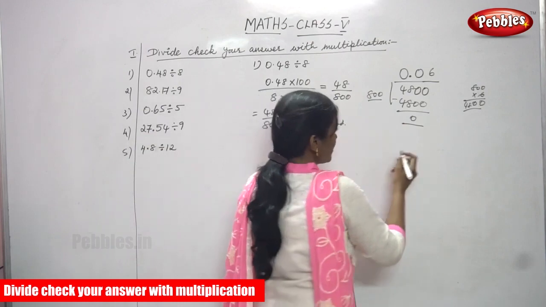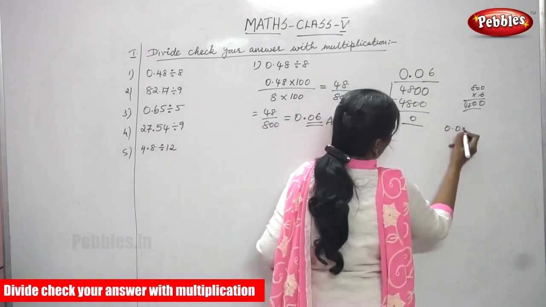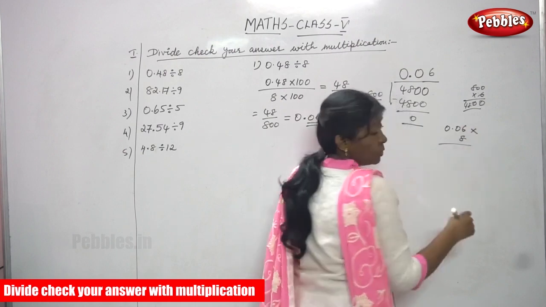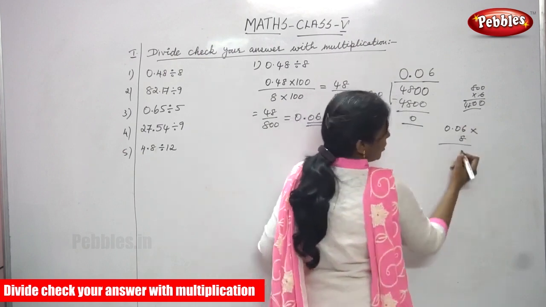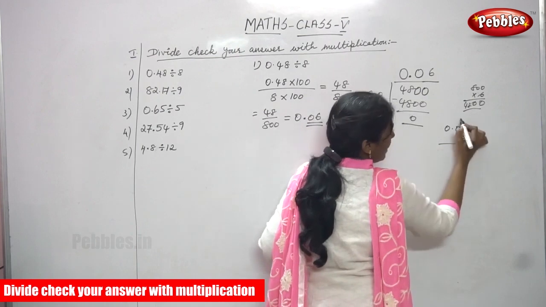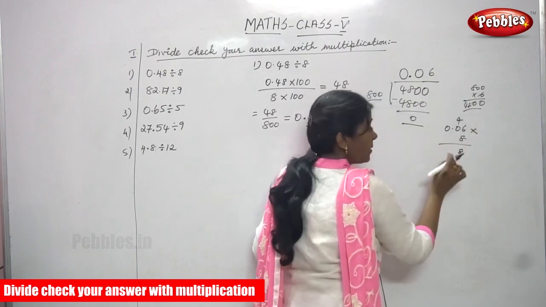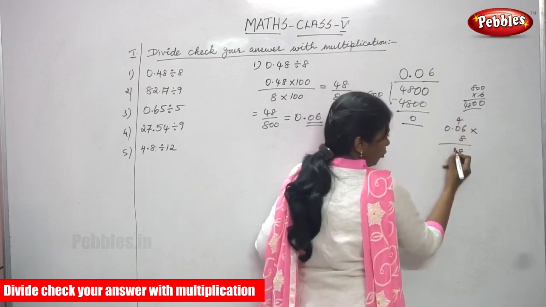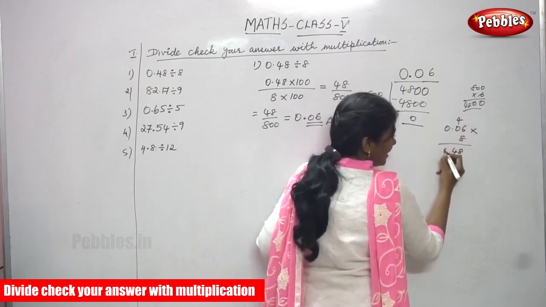So 0.06, the quotient, is multiplied by 800. You just multiply by 8 and after that add the zeros. 6 8s are 48, so 8, then put a 4 on the top. 8 into 0 is 0, 0 plus 4 is 4. Then 0 into 8 is 8.